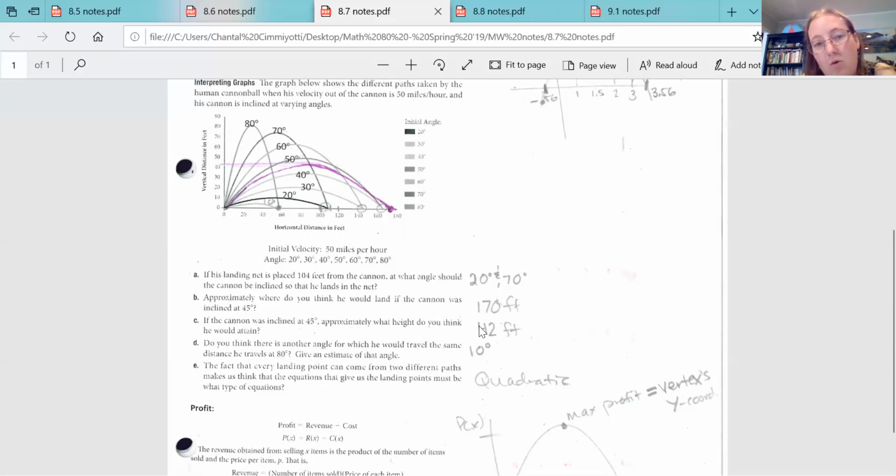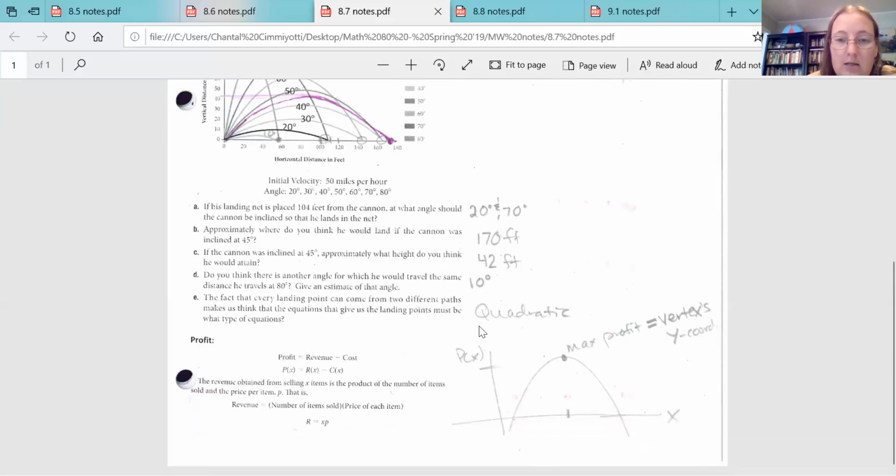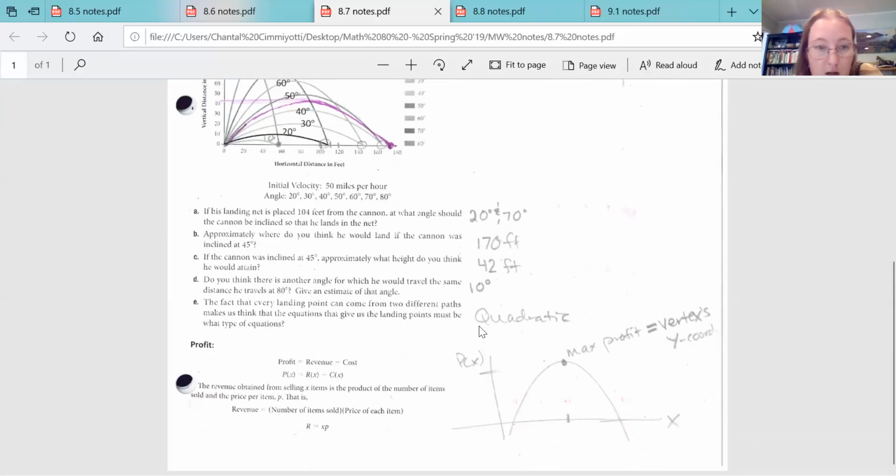It's your best guess. And again, it's approximate. It'll take a few degrees on either side and still give you credit. We already did the one that would go the same distance as the 80, would be 10. They add up to 90. All the pairs add up to 90.